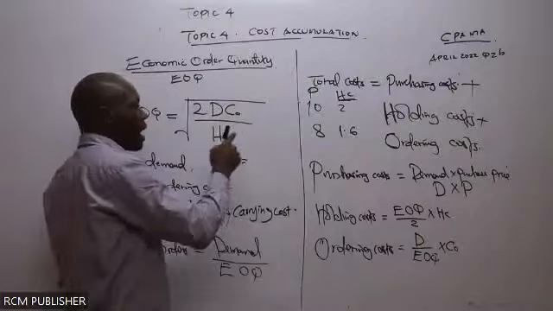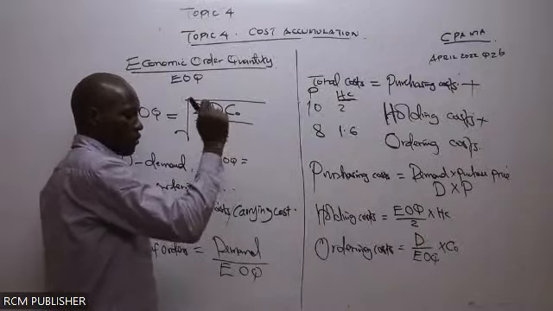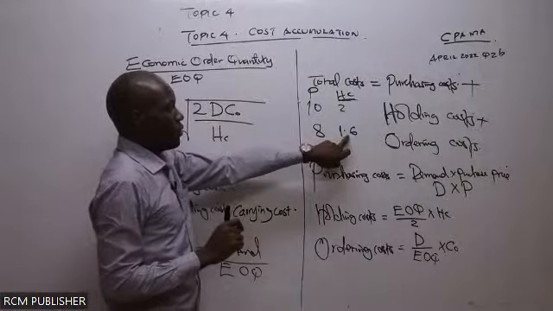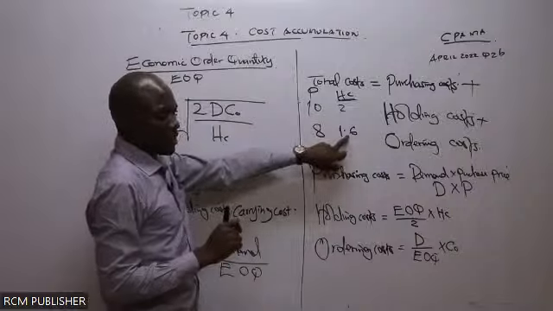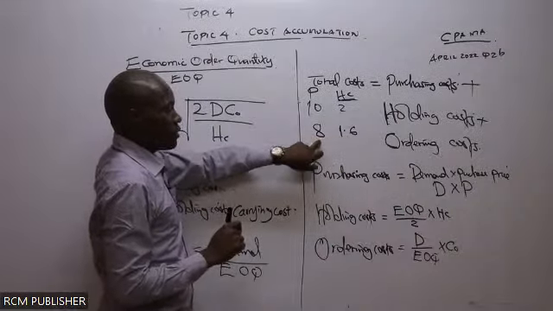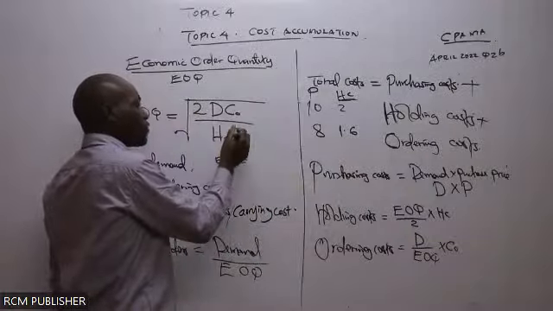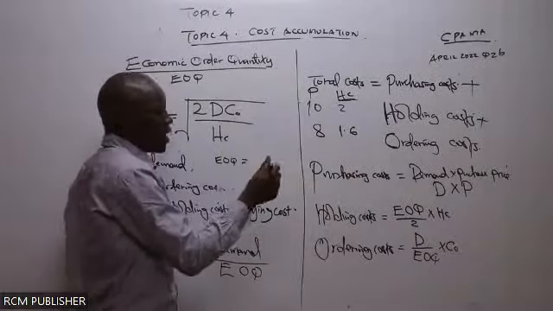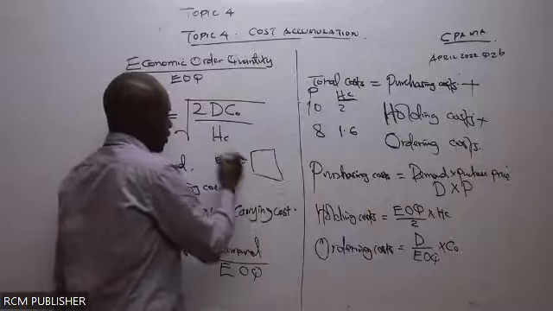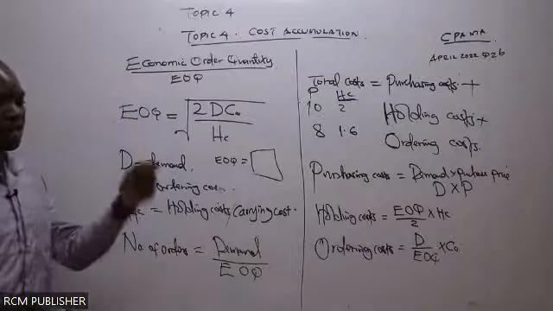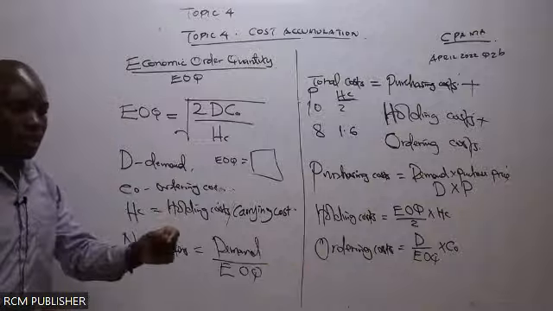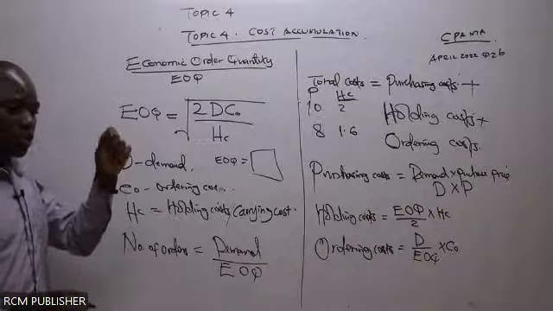But remember, our holding cost is pegged on the purchase price. That is 20% of the purchase price, 1.6. The moment I change this holding cost from 2 to 1.6, I don't expect this figure to remain constant. So that is what they are going to test you on.